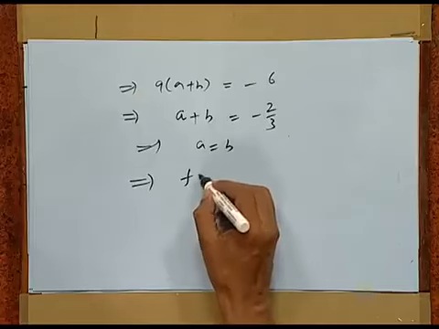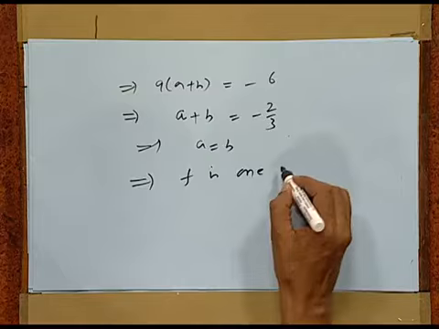So by assuming f of a is equal to f of b, eventually we are compelled to accept a is equal to b. So this proves that f is one-one.